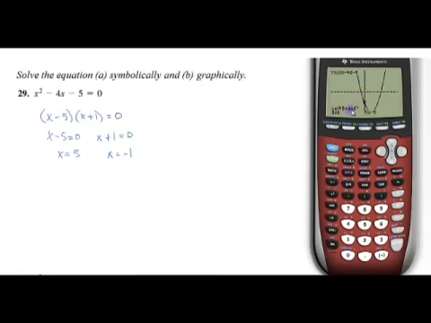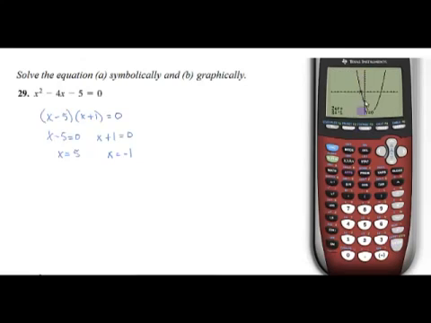So it's asking for the left of it, so we need to move our cursor to the left of it, and then we want to go to the right of it. Okay, so you can see these two arrows have appeared up here. It is going to find the 0, the place where the function is 0, between this and this.